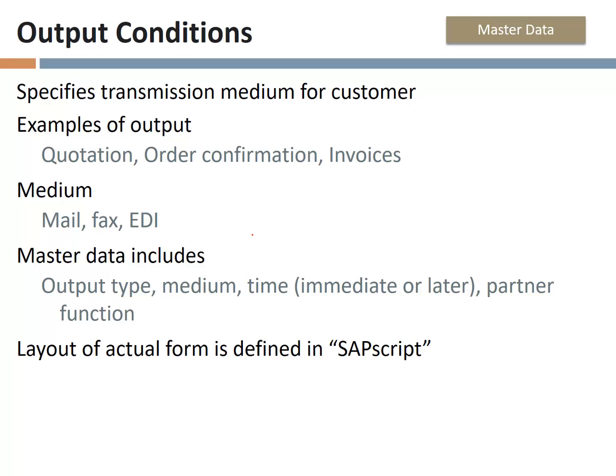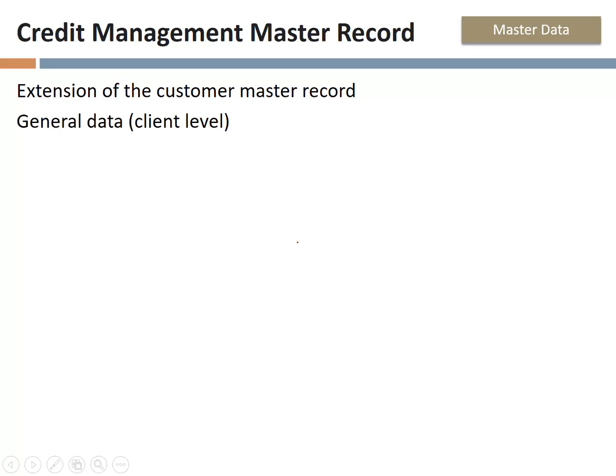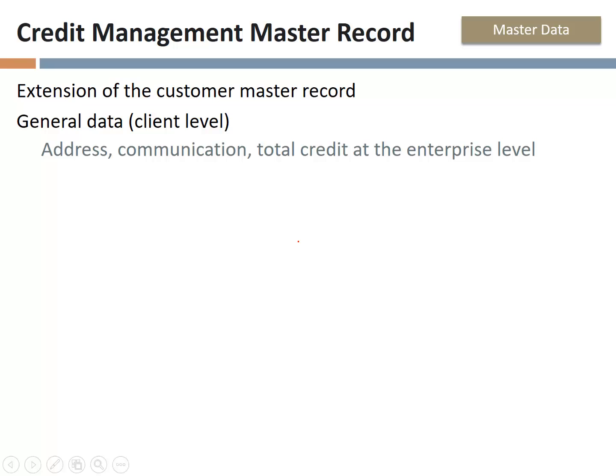Last piece of master data, credit management master record. We talked about this being an extension of the customer master record. It's going to have general data at the client level, and this is going to give us the address, the communication information, and what their total credit limit is at the enterprise level, if one has been set.